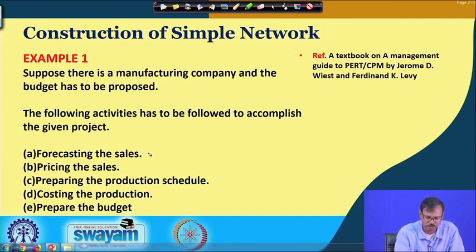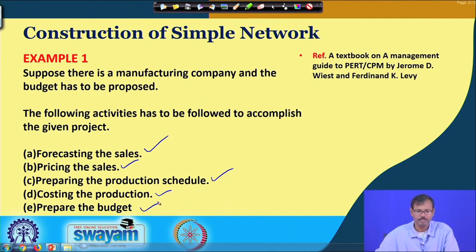Those jobs are listed here: forecasting of the sales, pricing the sales, preparing the production schedule, costing the production and preparing the budget. That means the company carried out the analysis and found what market is available in which the company can sell its product.